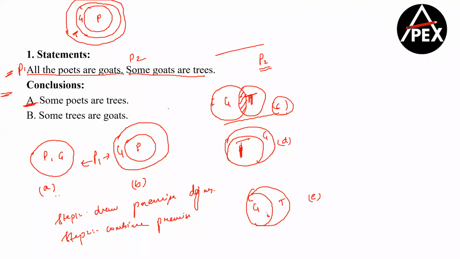That's why we are getting three concentric circles. From B diagram, we know that P is inside G. Think of it this way. P is less than G and G is less than T. And a circle that's less, I'm putting it inside. Now you understand, Bharadwaj?